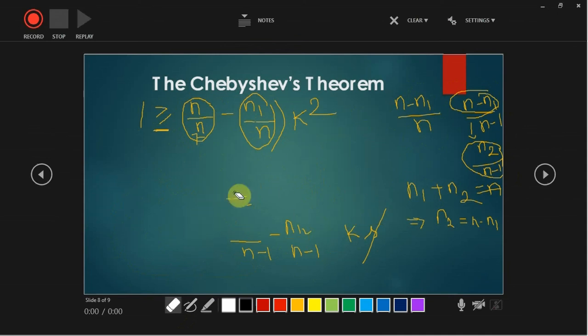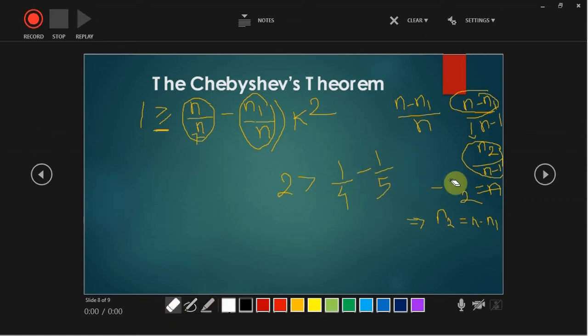So we can take an example of this. For example, 2 is greater than 1 over 4 minus 1 over 5.